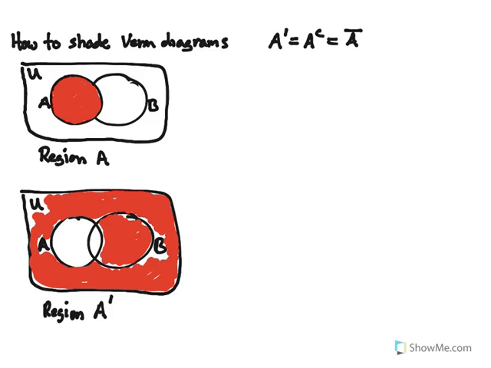It's not shaded in at all. Okay, so shade in everything except A. It's the opposite. Think of it the opposite. Okay? All right. So let's look at some more examples.